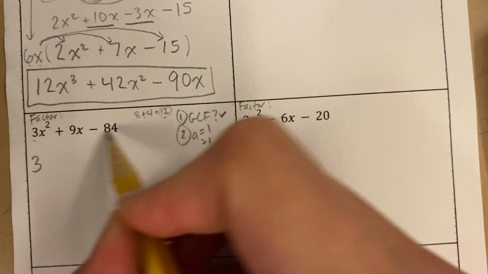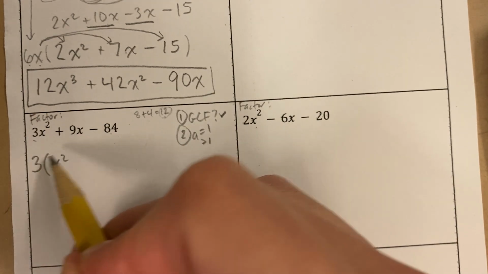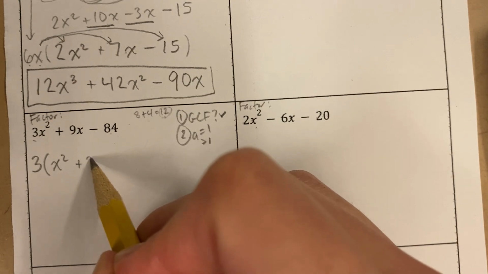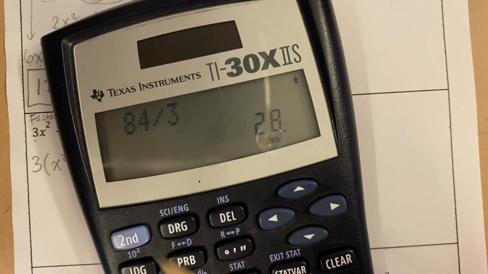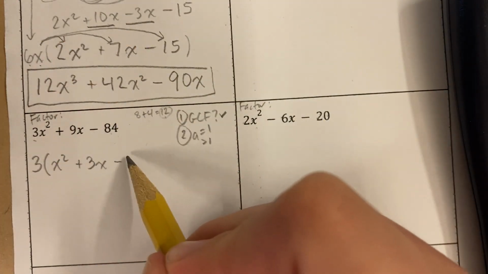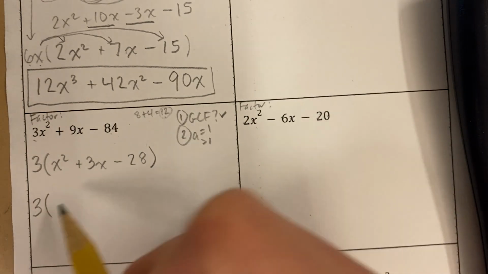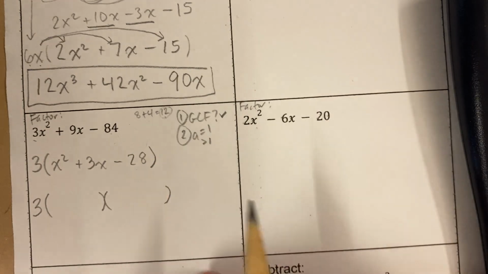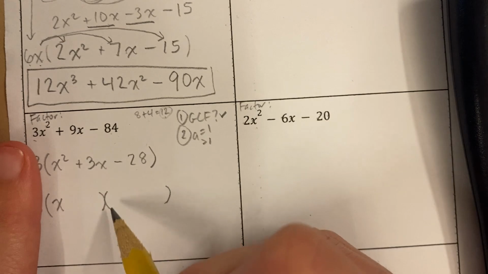3 could multiply to all of these numbers, so I'm going to take out a 3. 3 times what is 3x squared? x squared. 3 times what is 9x? And 3 times what is 84? I did 84 divided by 3 and got 28, so this is going to be negative 28. Now remember, I'm not done. I'm going to bring down the 3, and now I'm going to ignore the 3, and I'm looking for two numbers that multiply to negative 28 and add to 3.